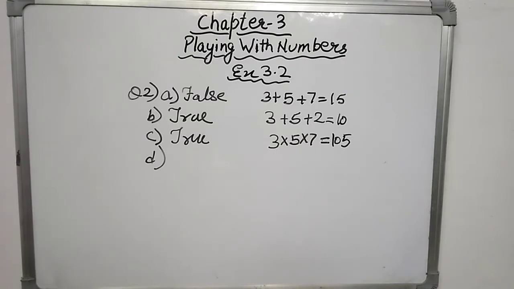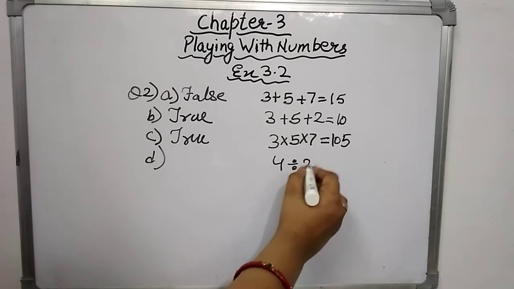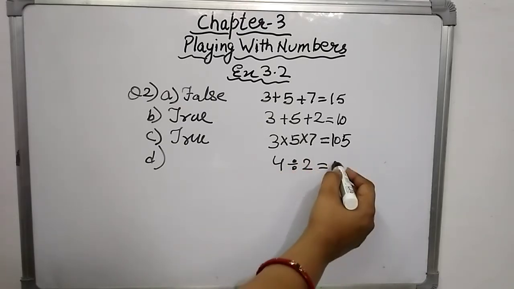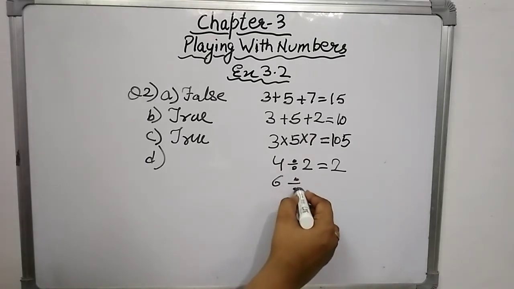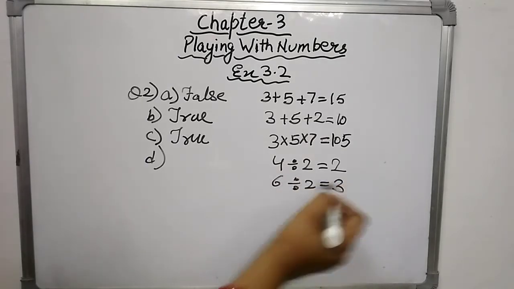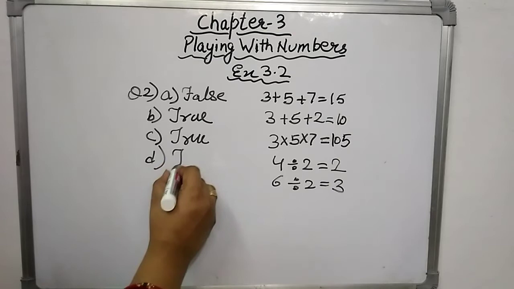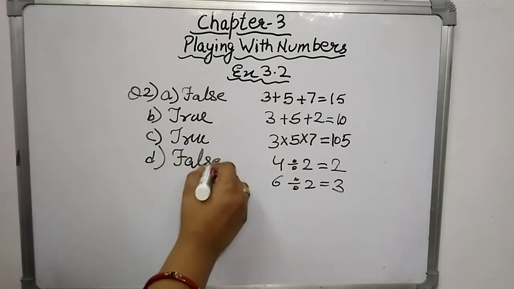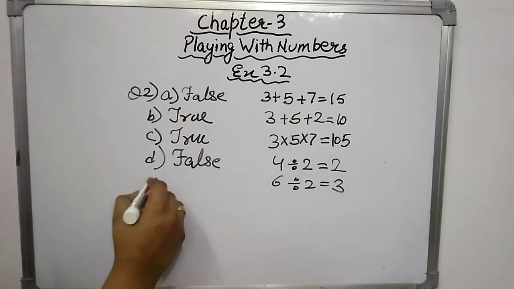If an even number is divided by 2, the quotient is always odd. Let's check it. Whenever we divide 4 by 2, we get 2. That is even. But if we divide 6 by 2, our answer is an odd number. So this statement is false, because this is not true for all even numbers divided by 2.